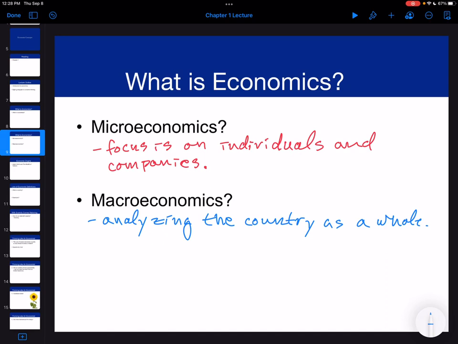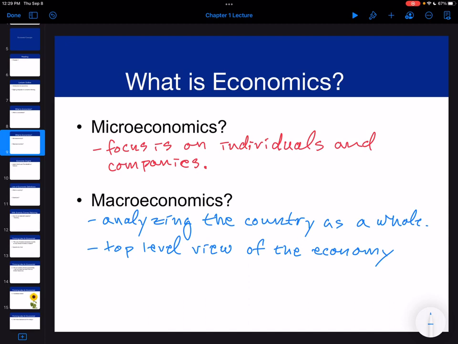Okay, so macro is where we really take a top level view of the economy. No longer looking at individual markets and individual buyers and sellers or workers, we're looking at the whole economy together.